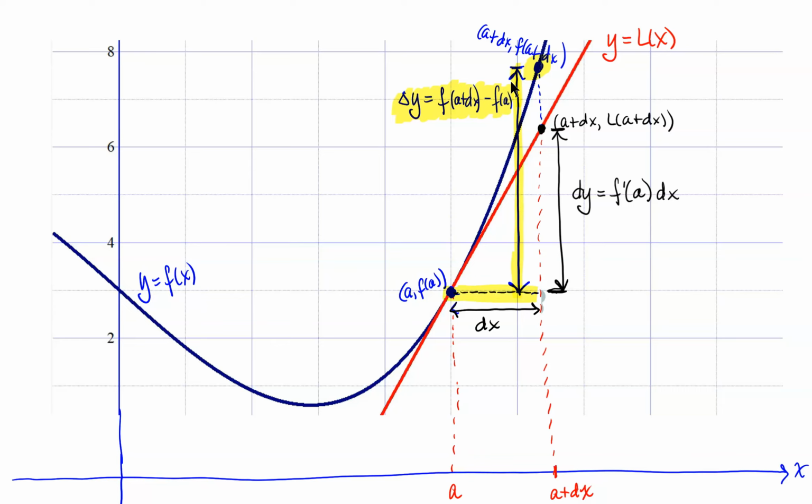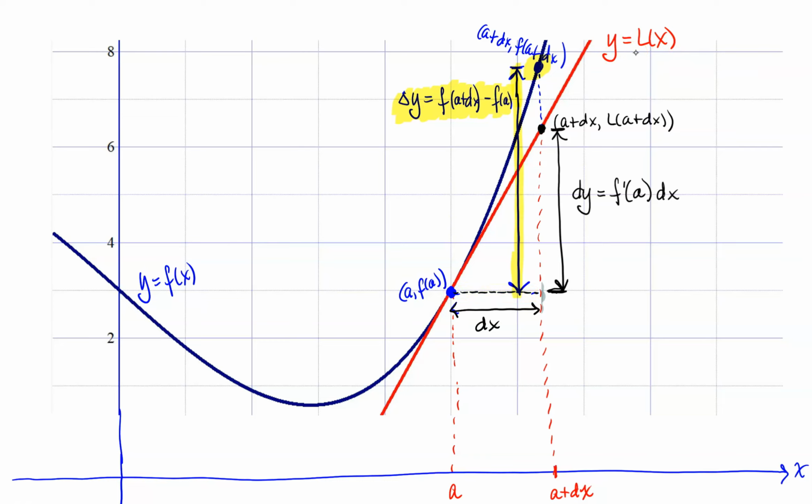Well, like was mentioned, sometimes that can be difficult or very time-consuming to determine. So instead of finding that difference, we can use our linearization to help us estimate that difference.